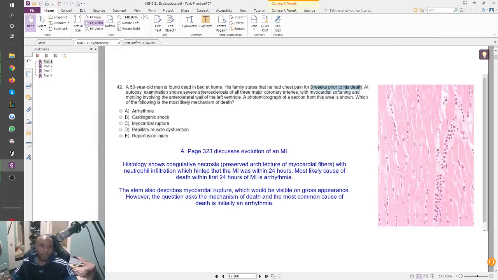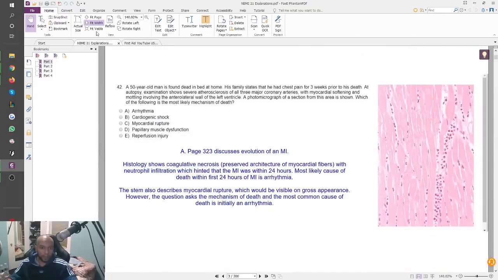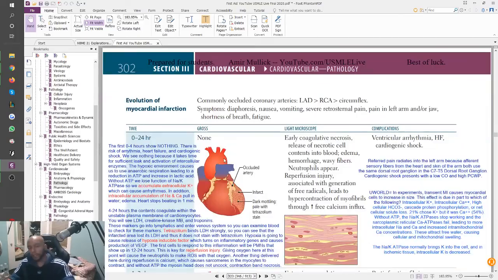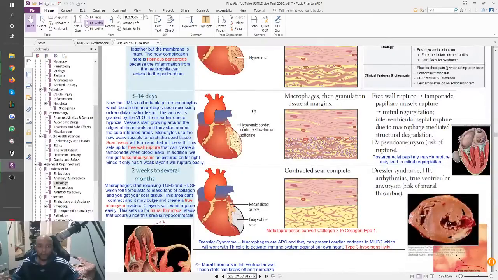So for the evolution of his MI, if he actually had it 3 weeks ago, page 323, right? 3 weeks means 21 days, so he'd be somewhere down here. At which point papillary muscle rupture is an answer choice, and an aneurysm is an answer choice, right?